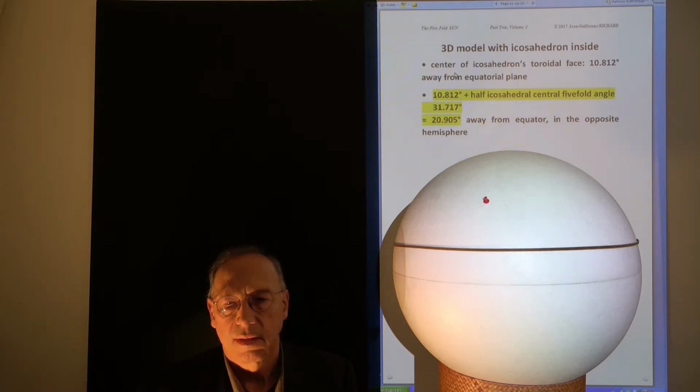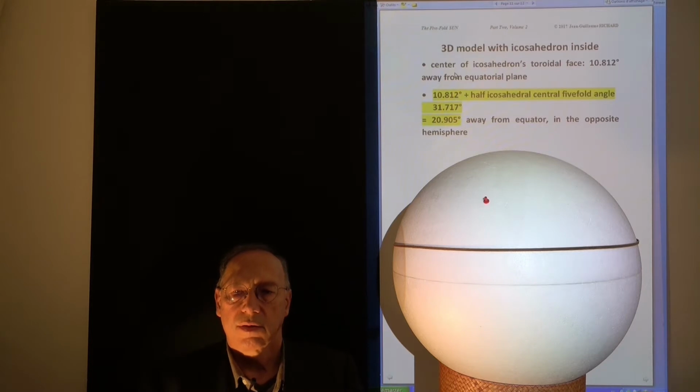We see in a ribbon ring a latitude of about 10, 11, 12 degrees, where we reported that the largest density of sunspots is found.